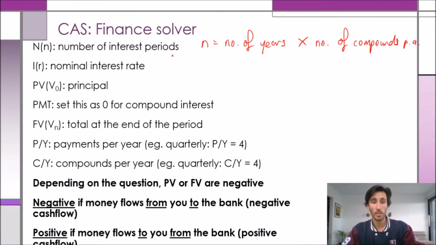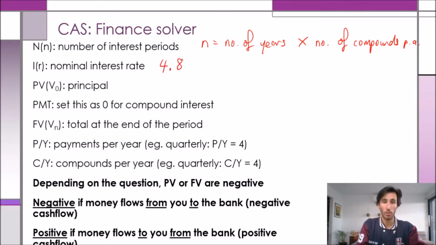I is the nominal interest rate. So this is always in a whole number. So you'd write, for example, for 4.8%, you'd literally write 4.8 in here. PV is the principal, your starting value. Payment, this is 0 for compound interest. This is the amount that you're either adding to or subtracting from this finance equation that you're worrying about.